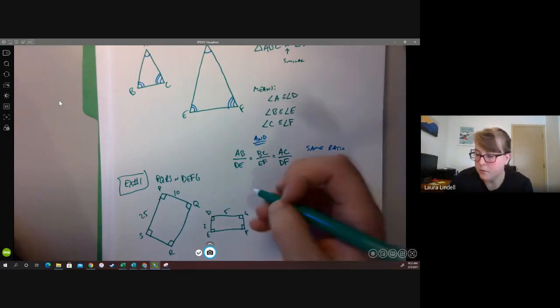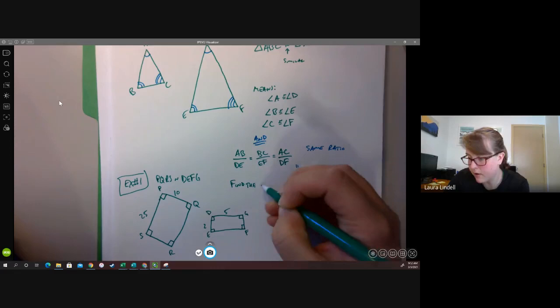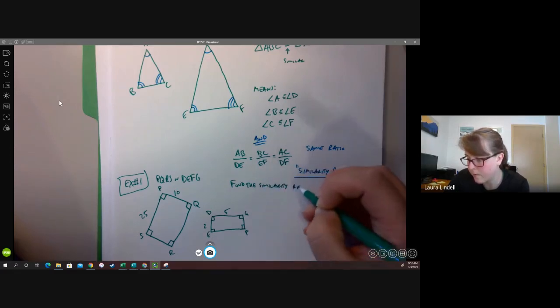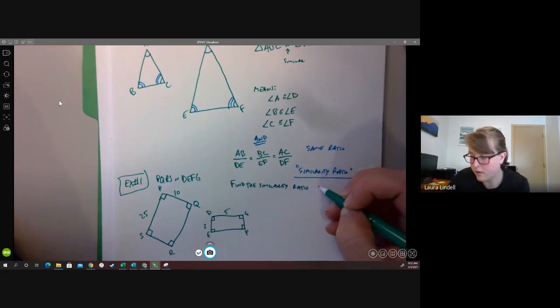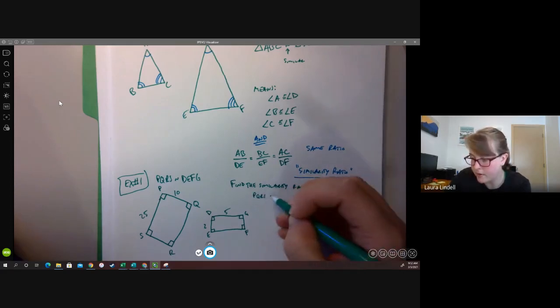And the instruction will be like, find the similarity ratio of PQRS to DEFG.